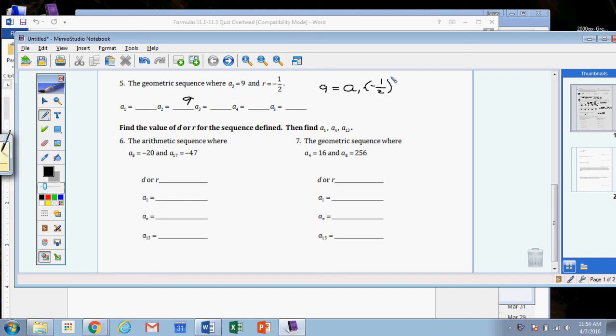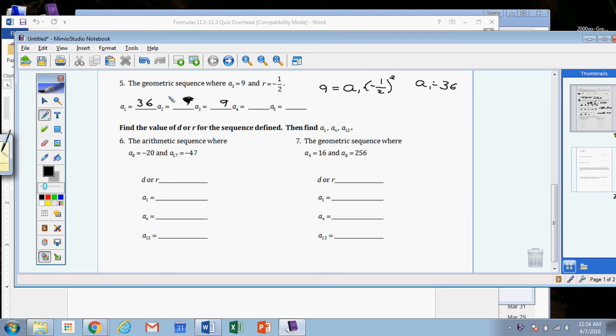So 3 minus 1 or squared. And that's going to give me a1 equal to 36. So a1 is going to equal 36.